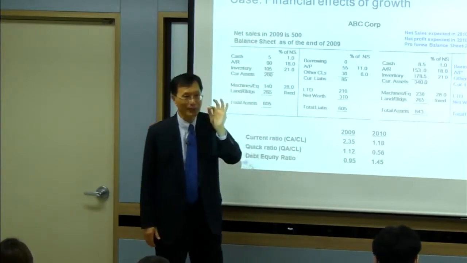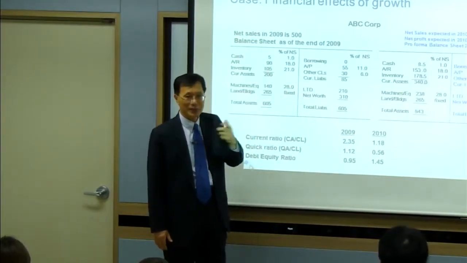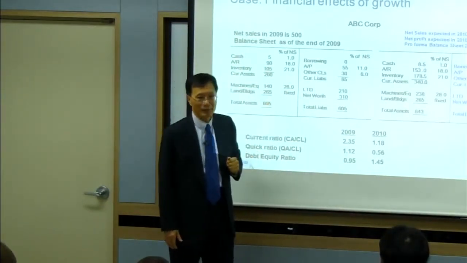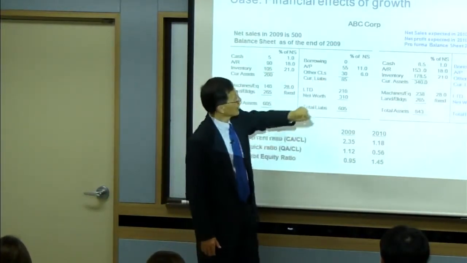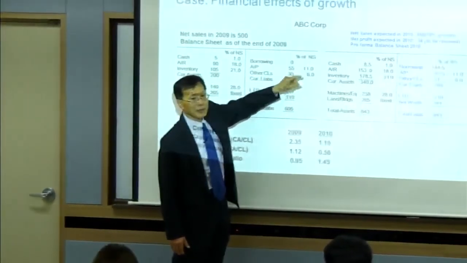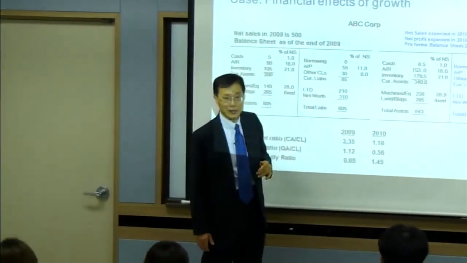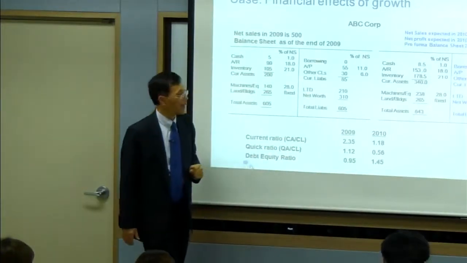No short-term borrowing. Accounts payable, that's trade credit, of 55. Other current liabilities, 30. And accounts payable and other current liabilities are moving hand in hand with net sales. Total current liabilities of 85.